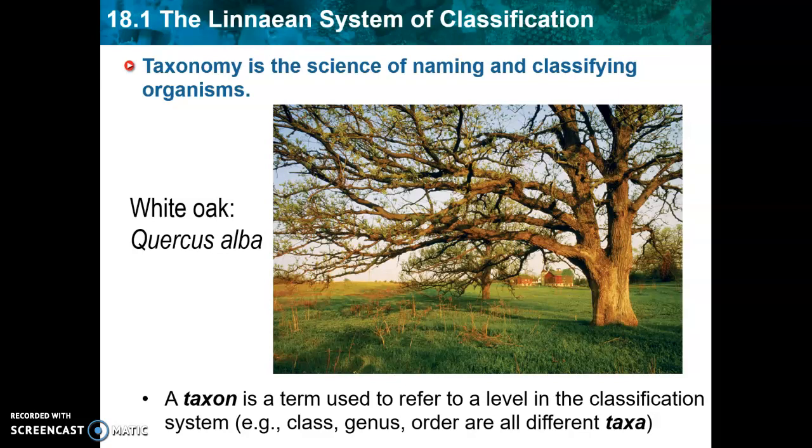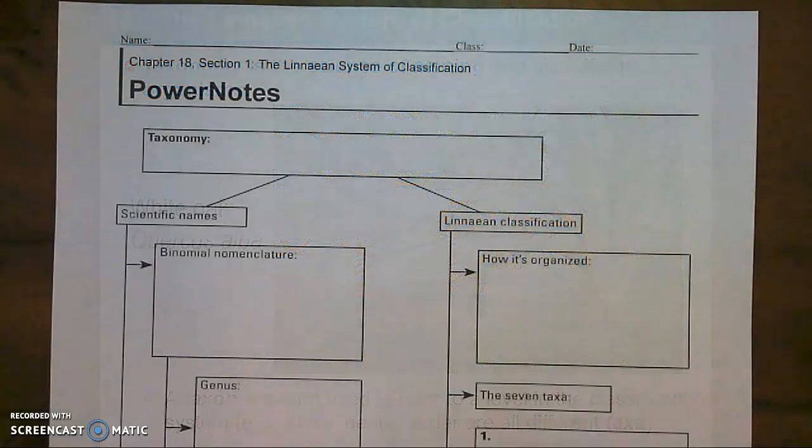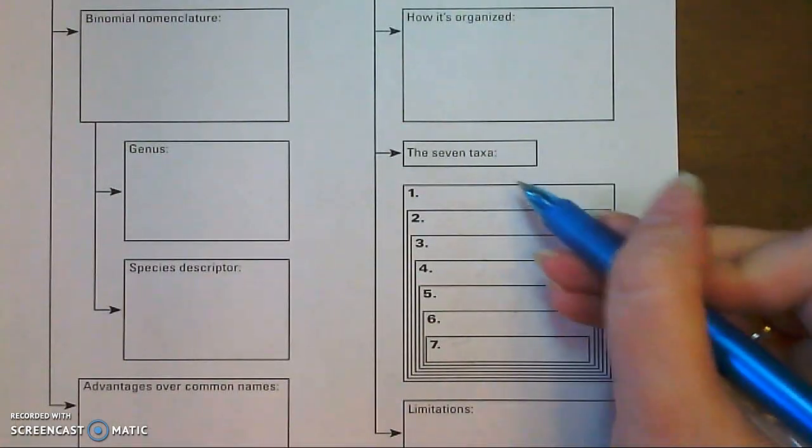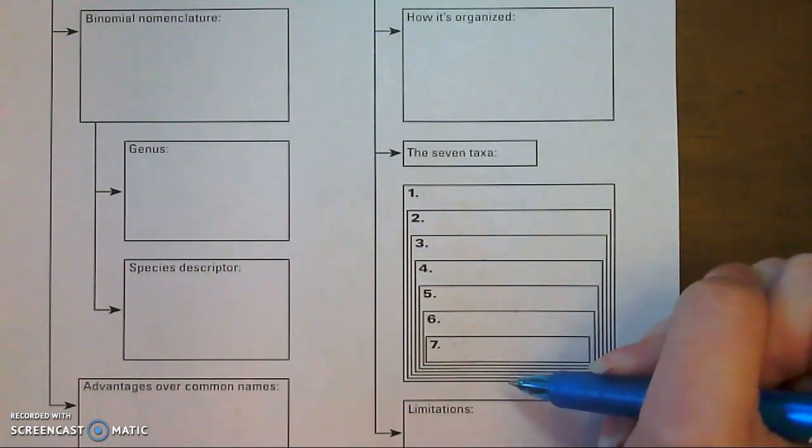And basically, the act of classifying something and naming it this way is what we refer to as taxonomy. It's called taxonomy because the word taxon itself refers to a single level within our classification system. So what do I mean by that? If you take a look at your Power Notes sheet, there's a place here that lists the 7 taxa.